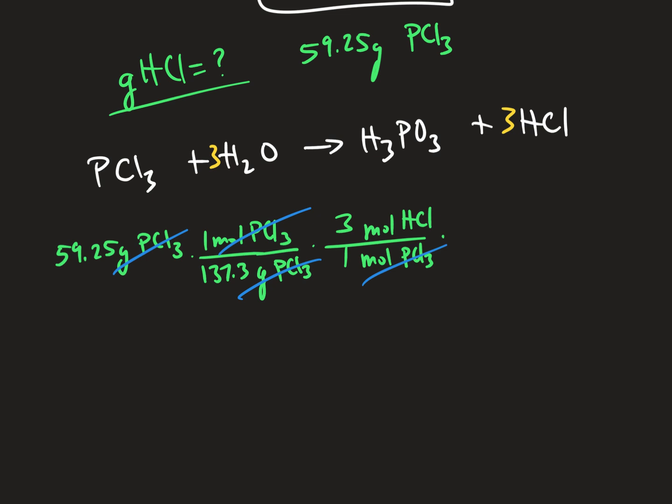Now we have moles of what we're looking for, but we want grams of that substance, so we use the molar mass. 1 mole of HCl, mass of 36.5 grams of HCl. You following me? Or are we just copying?